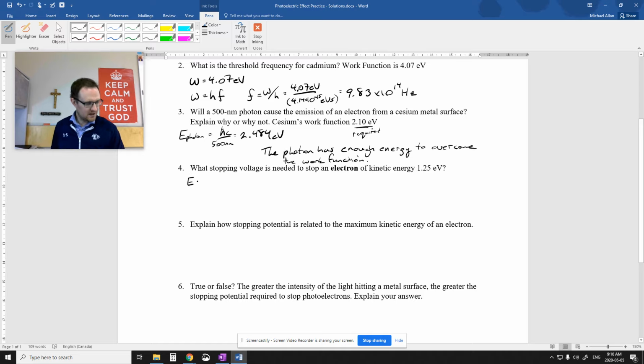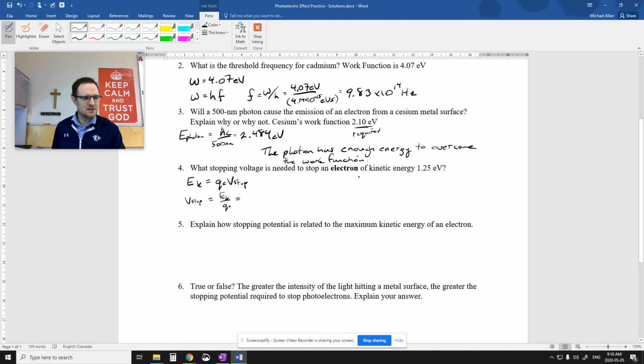What I have here is EK max is equal to QV stop. Okay, so I'm going to rearrange this for V stop: EK over Q. This EK has to be in joules for this to work.